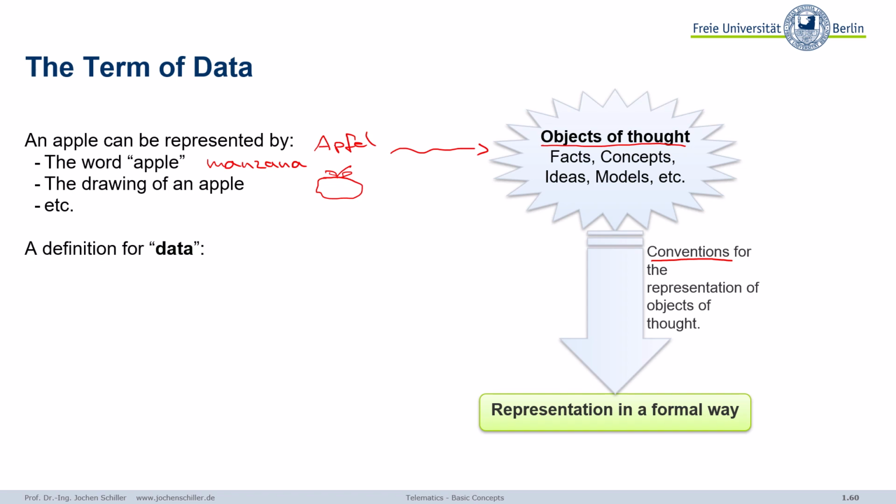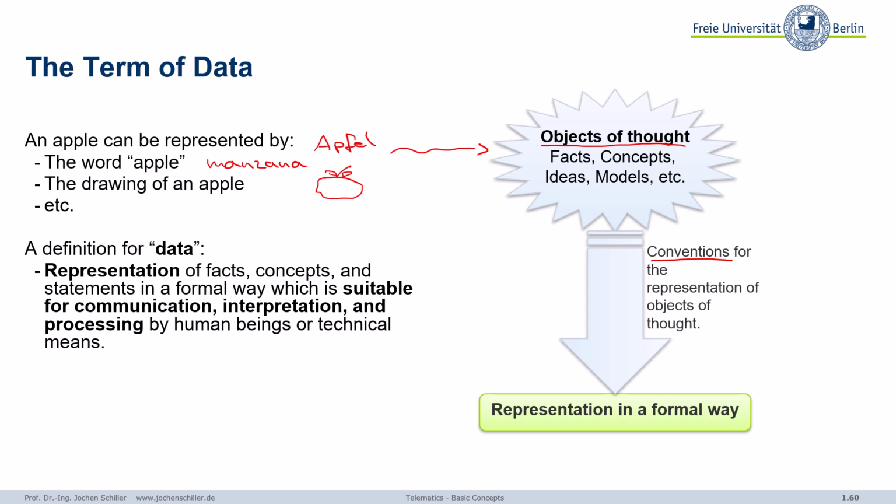So what is this data? Data, in the end, is a representation. So you see here, representation of these facts, concepts, models, etc. in a formal way. And now the important part, which is suitable for communication, interpretation, and processing by human beings or technical means.